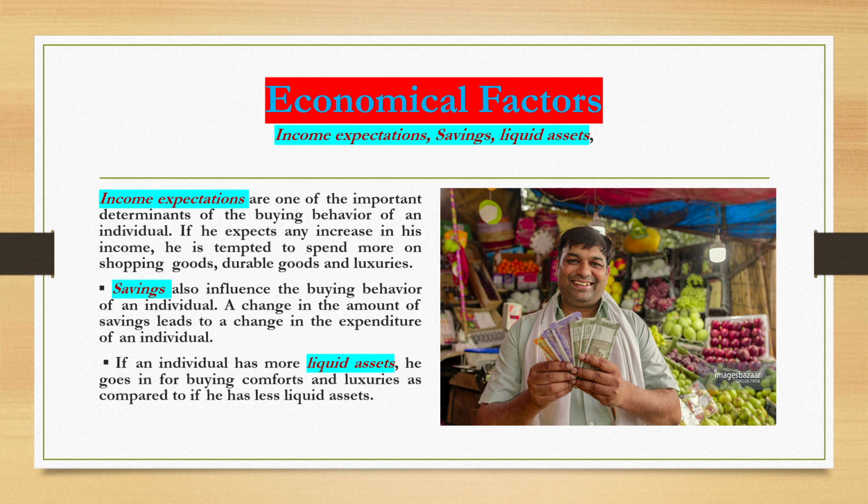So this way liquid asset also plays a very important role in influencing the consumer buying behavior. This way we have learnt about what all factors influence consumer buying behavior.